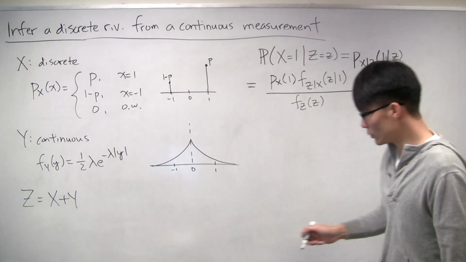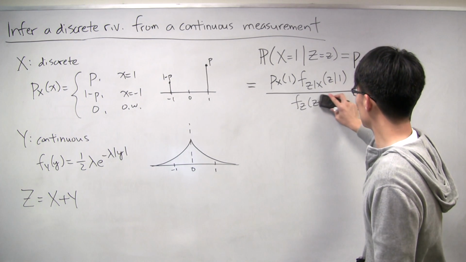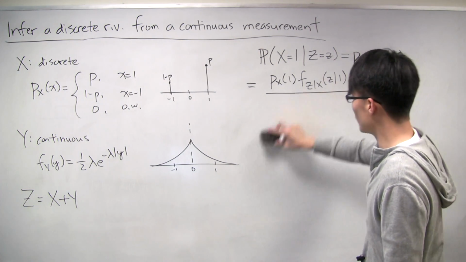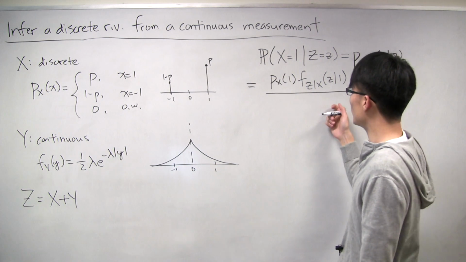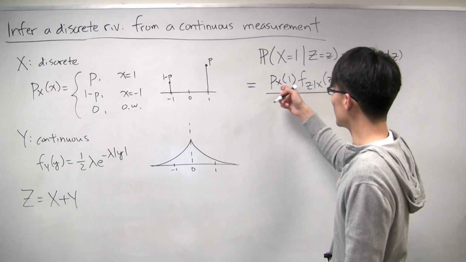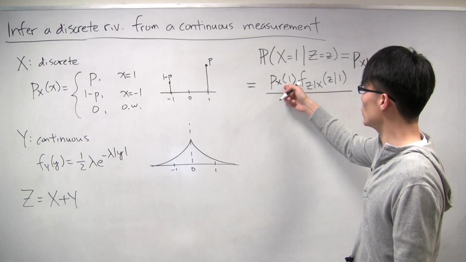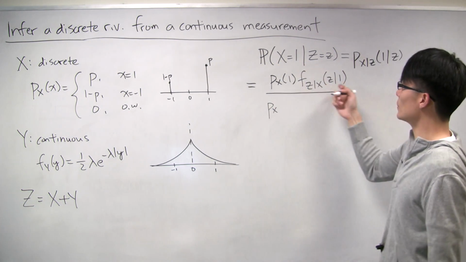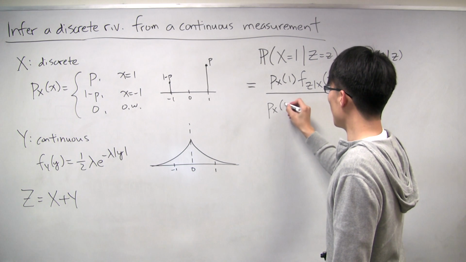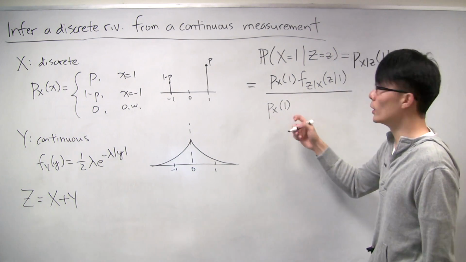All right, and of course, we can rewrite this denominator. Remember, you can use the law of total probability and rewrite it. And one of the terms is going to be exactly the same as the numerator. So one of the ways that z can be some little z is in combination with x being equal to 1.